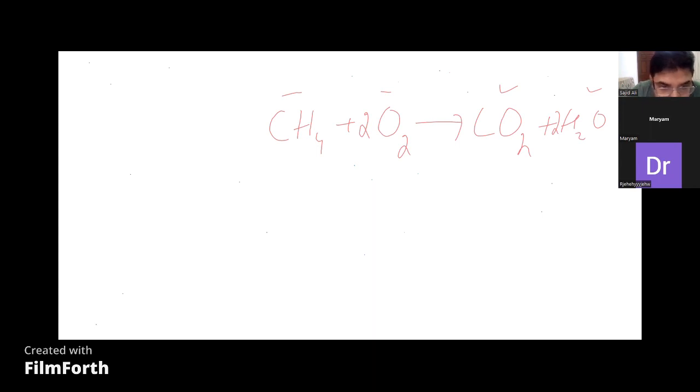Okay, sir. Here, methane is losing hydrogen. You can say this is loss of hydrogen. So this is oxidation.